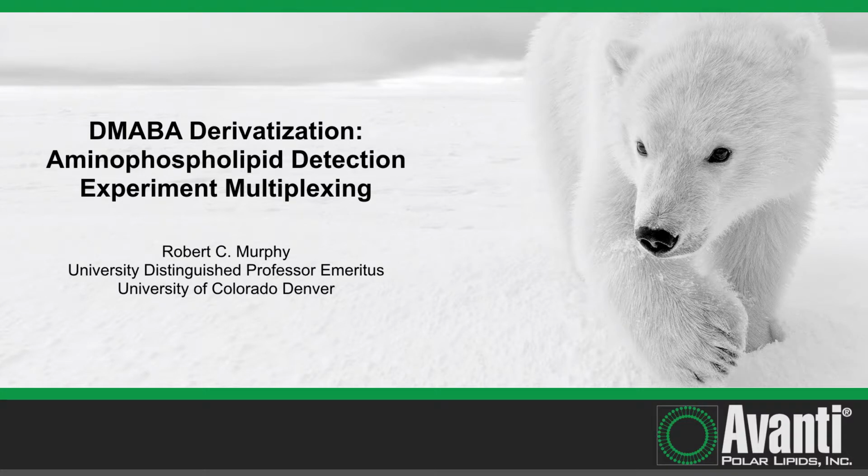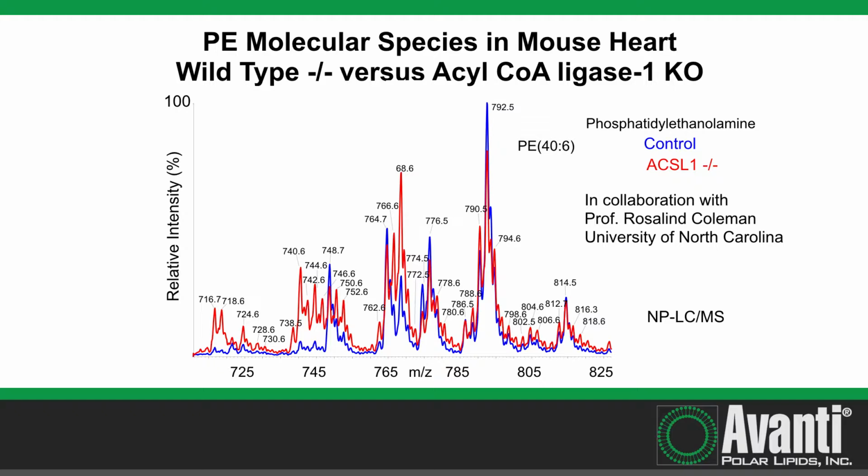In this video, we're going to talk about a technique where one can measure subtle changes in aminophospholipid levels using a derivatization step with dimethylaminobenzoic acid stabilized-isotope isomers. And it's an interesting method that allows you to multiplex experiments. And so I'll try and explain what all of that means with a few slides.